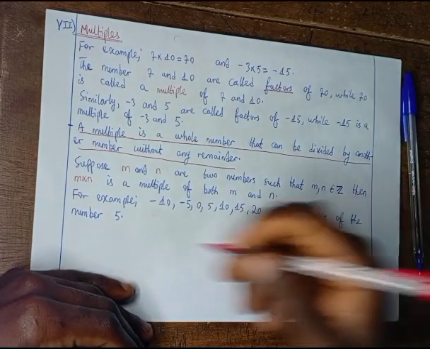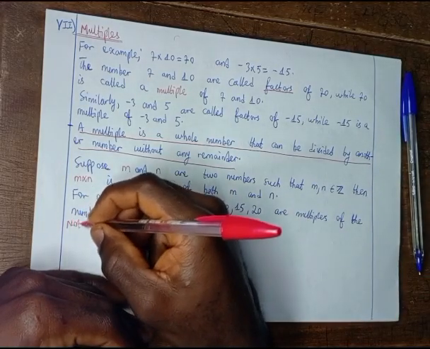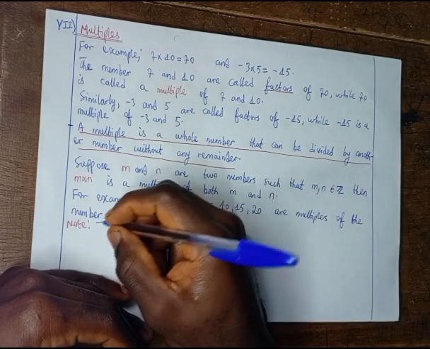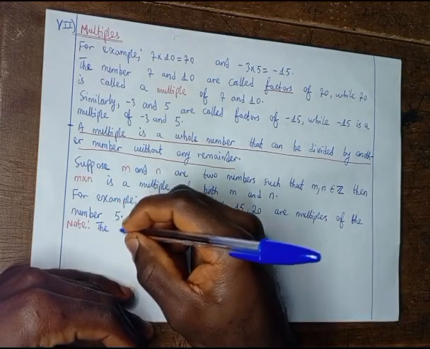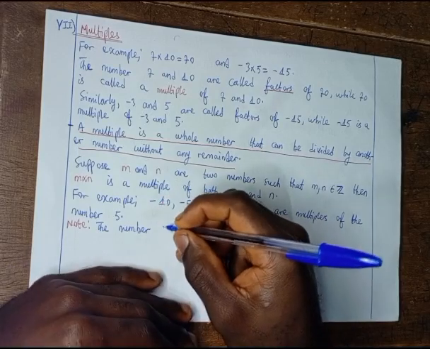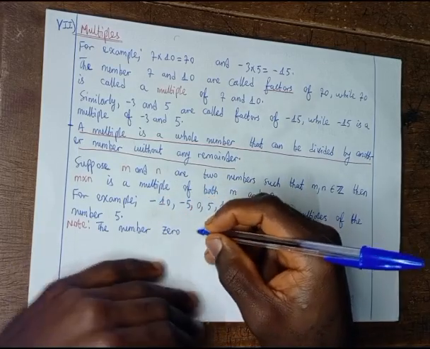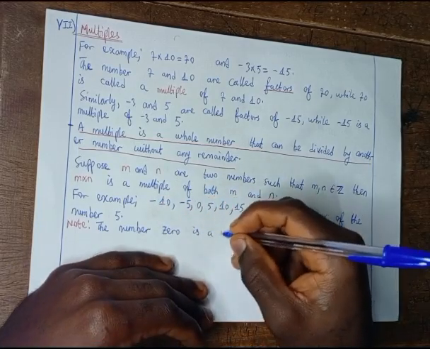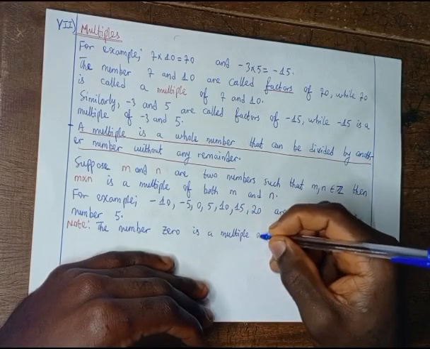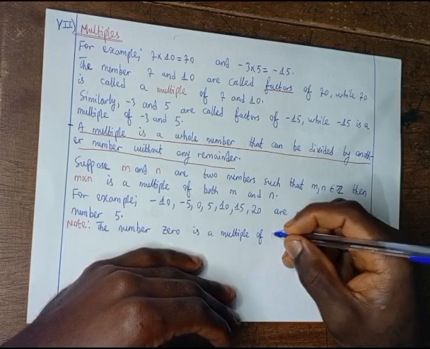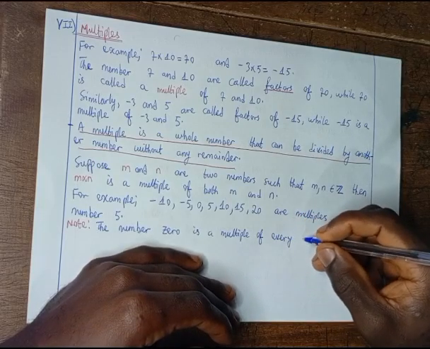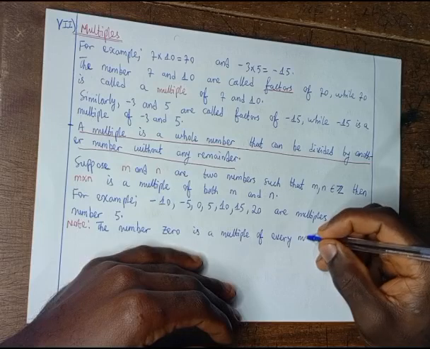Now let's note this down. It's very important. Note the number 0. The number 0 is a multiple of every number.